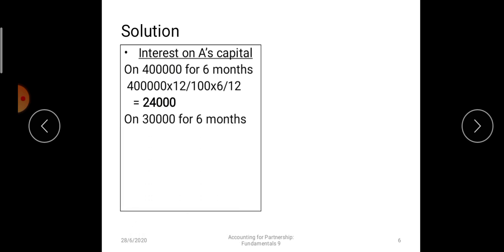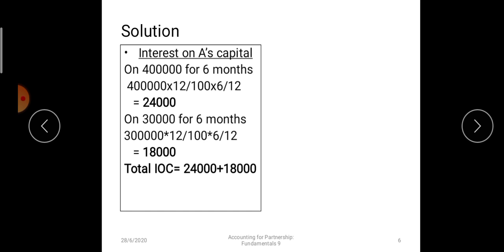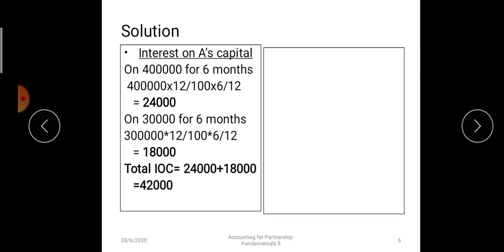Next, it becomes 3 lakh, that means 1 lakh is withdrawn, so from 4 lakh minus 1 lakh, it is 3 lakh rupees, for 6 months. So on 3 lakh rupees at the rate of 12% for 6 months, it is 18,000 rupees. So total interest on capital is 24 plus 18, 42,000 rupees. So A will be allowed interest on capital of 42,000 rupees.